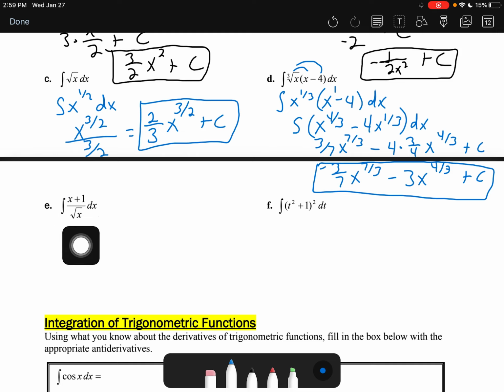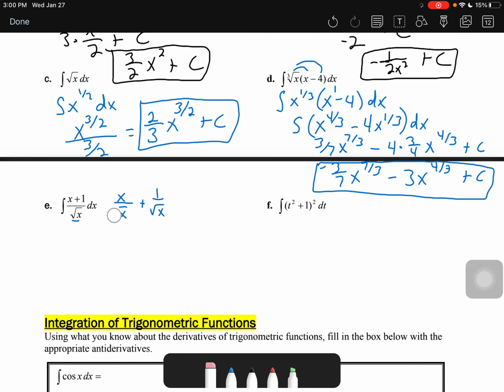There are ways to do quotients where it's not set up in this form, but that's using some substitutions that we haven't quite seen yet. But what we can do with this, when there's just a single denominator like this, is we can rewrite this as x over the square root of x plus 1 over the square root of x. Now, that square root of x, I'm gonna rewrite that right now. That's x to the 1/2, right?